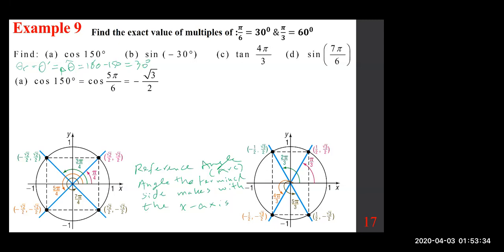Now, sine of negative 30 degrees is the same as sine of 30 degrees, but you have to figure out where it ends, in other words, the quadrant. Which quadrant is that? That one is in the fourth quadrant. Sine is the y coordinate, so it becomes negative.